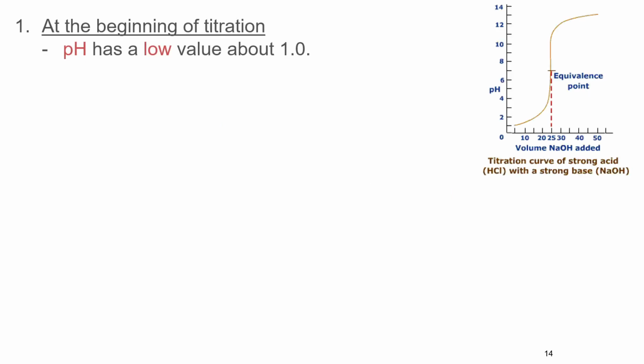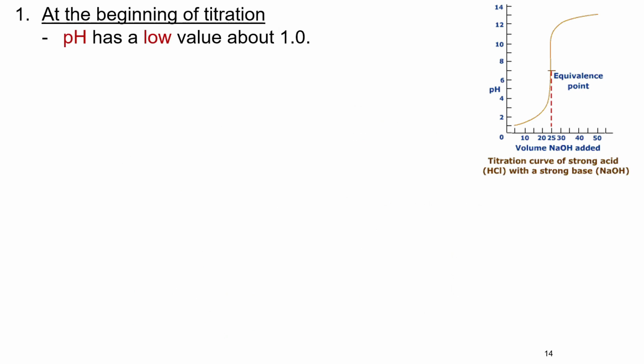Okay, now kita akan explain or describe a titration process. So at the beginning, sekarang ni kita akan gunakan NaOH as a titrant. So kalau NaOH as a titrant, initially kita ada pH of strong acid, HCl, so pH 1. So at the beginning of titration, we have low pH, so pH is 1.0.